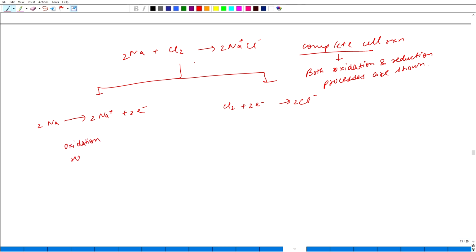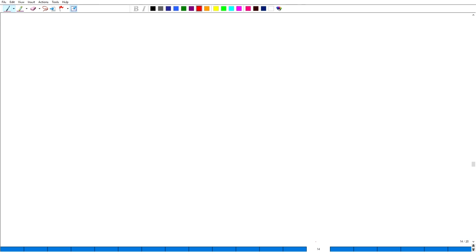That means we divide our complete cell reaction, because both oxidation and reduction are happening, into two equal halves, which are called half cells. One is the oxidation half cell, where we discuss which element is getting oxidized, and the other is the reduction half cell. Till now, from the previous classes, we have discussed this. Now, one thing to take care of is, taking the same example.